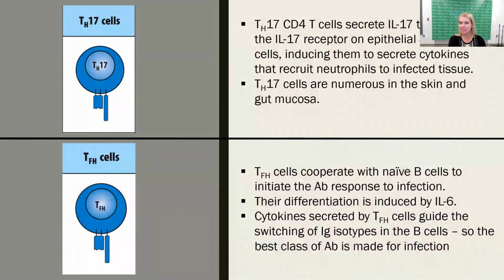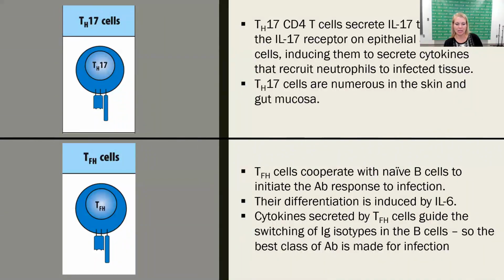Probably more discussed is T follicular helper cells, because they are very important in interacting with B cells. In fact, that's their job. These effector T cells don't ever leave the secondary lymphoid tissue once they find their soulmate B cell.